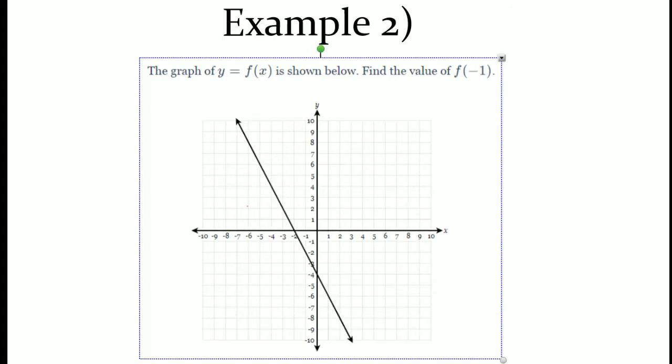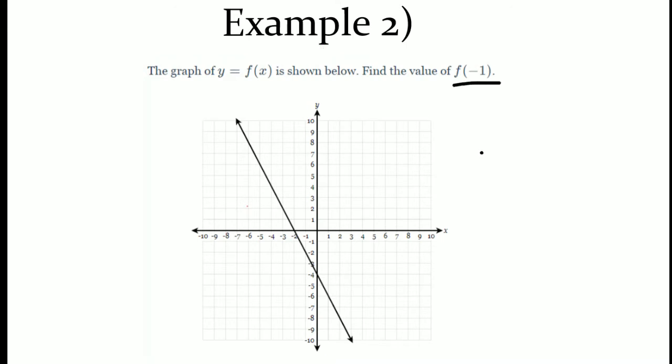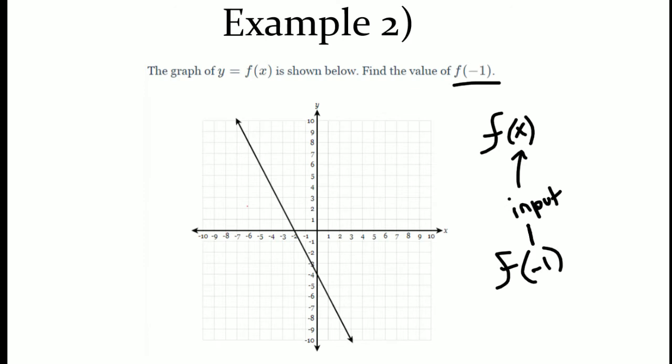Example 2, the graph of y equals f of x is shown below. We don't know what the rule is, but we do know that this is a linear function because this is a straight line. Find the value of f of -1. Remember, f of x is our notation, and x is our input. So if what's in the parentheses is replaced by -1, that means -1 is my input.